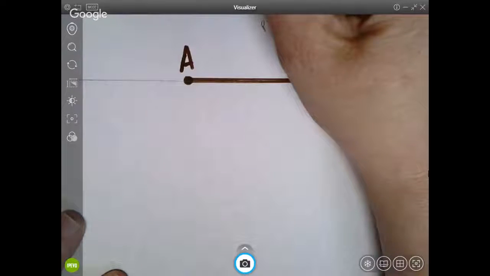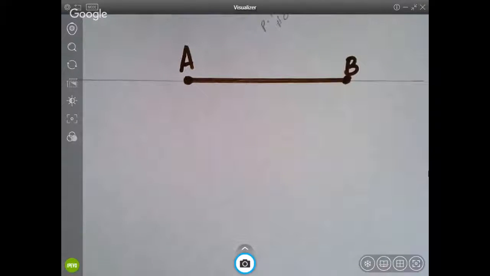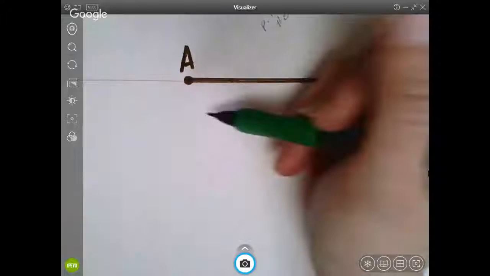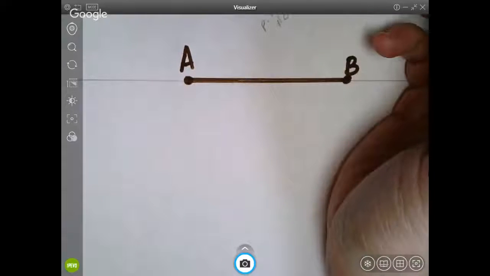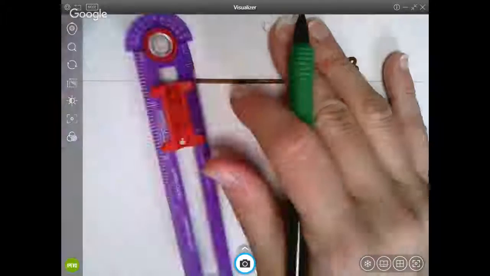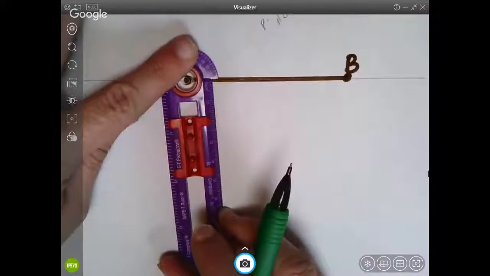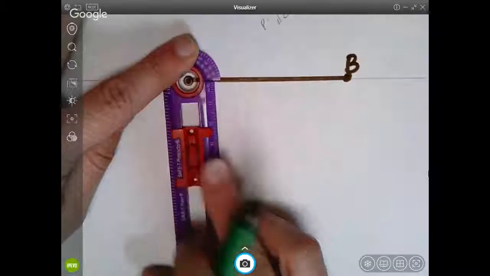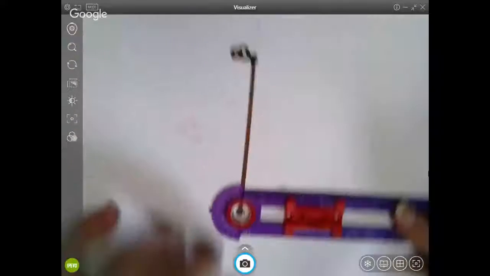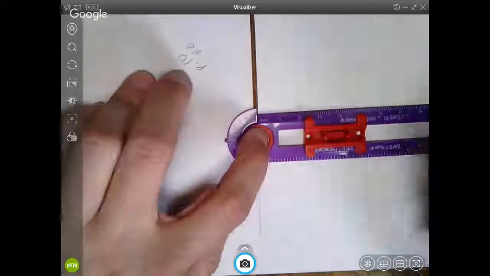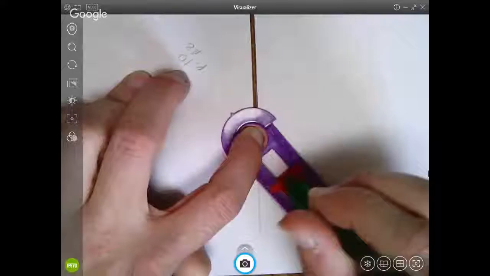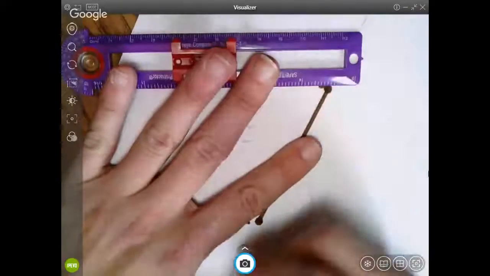Now, we need to come up with a perpendicular to here. So I'm going to put my compass down on A, bring it down some, and then make an arc that touches my line above and below. This compass is not working.